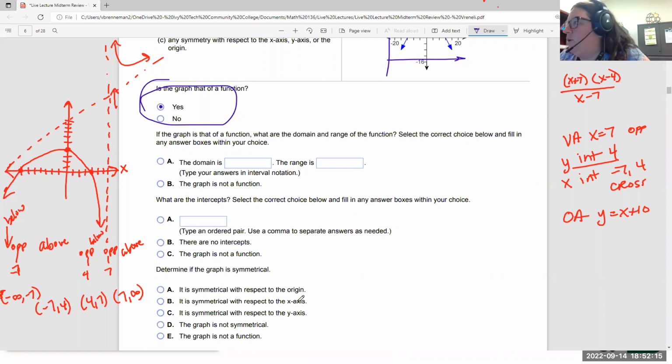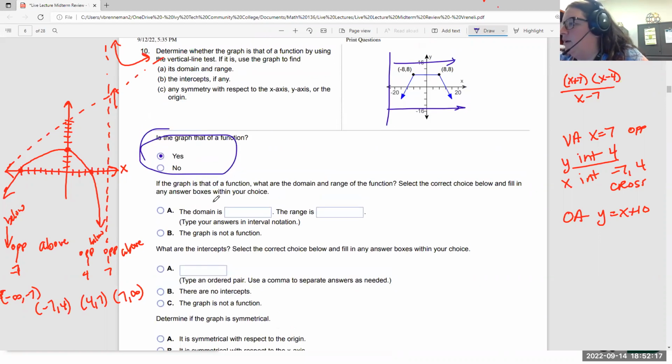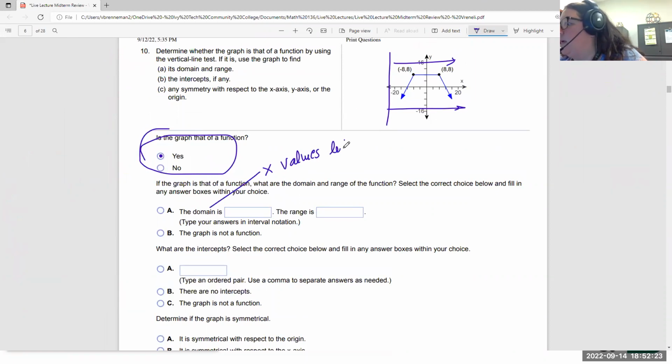But domain, when you're looking at the graph, you want to think X values from left to right. And in this case, we have arrows pointing in both directions. So that's going to make the domain everything is included, so negative infinity to infinity on this one.